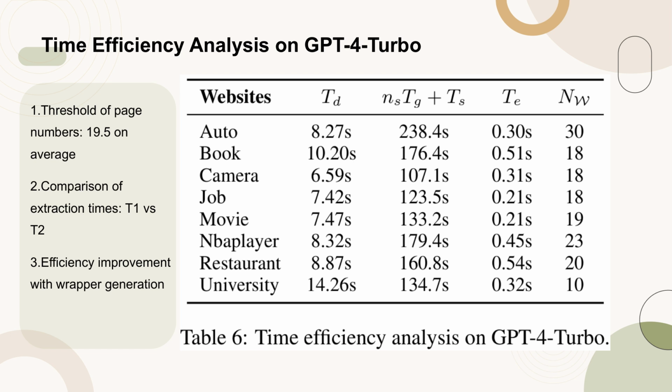The comparison between the total extraction times with and without wrapper generation, T1 and T2, shows that generating a wrapper initially takes more time but significantly improves the extraction efficiency of subsequent web pages. This efficiency improvement is crucial for large-scale web information extraction scenarios.